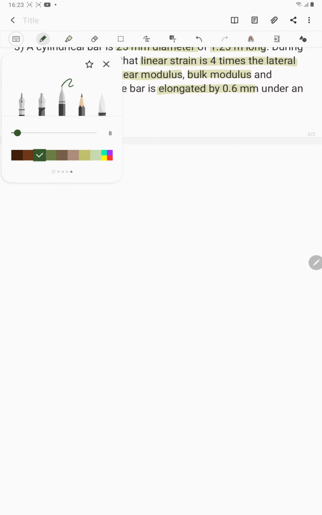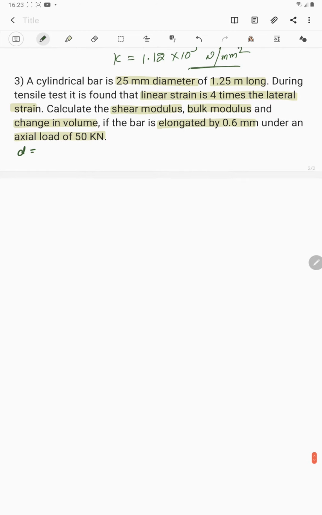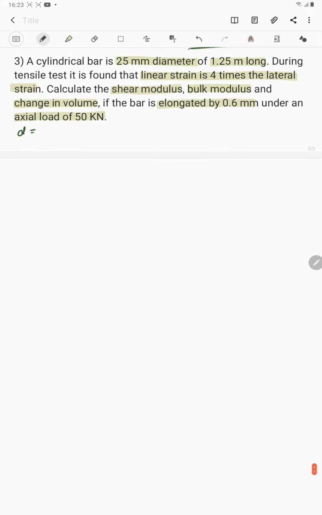First let us write the given data. The diameter D equal to 25 mm and length L equal to 1250 mm.